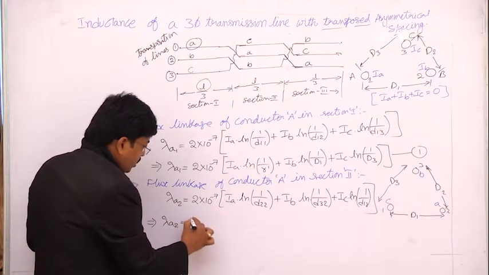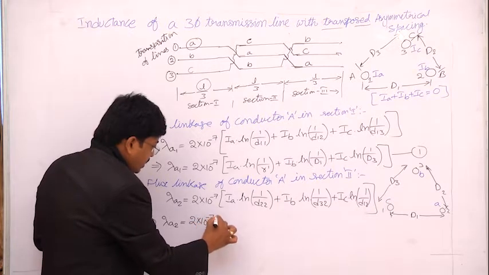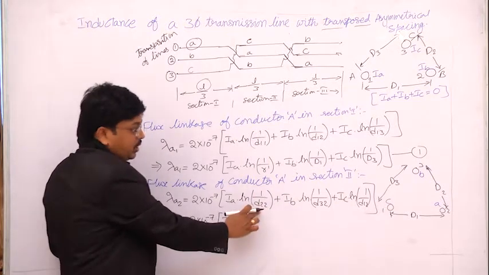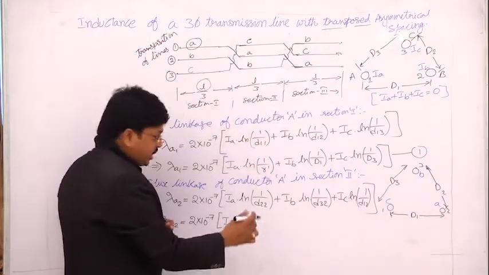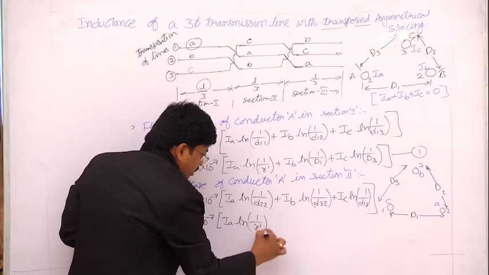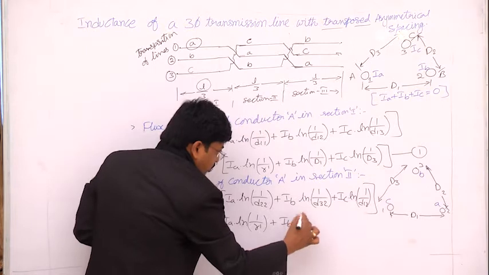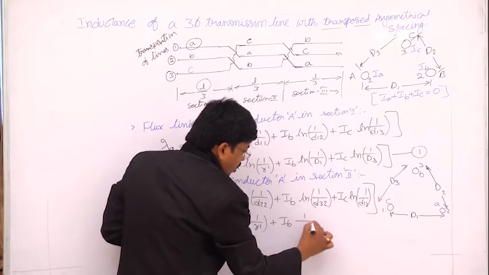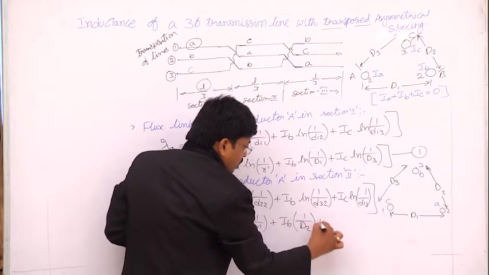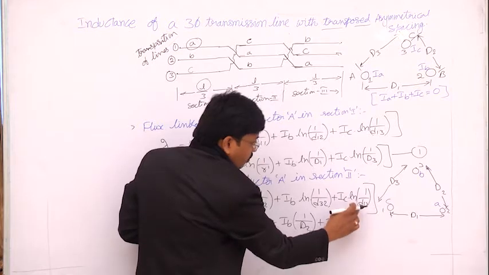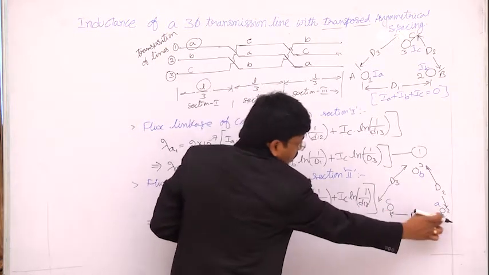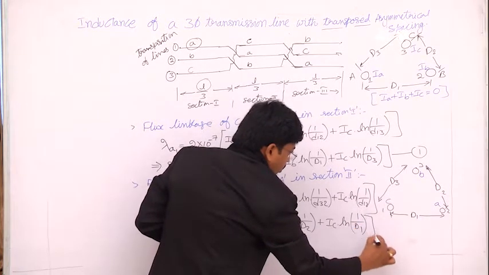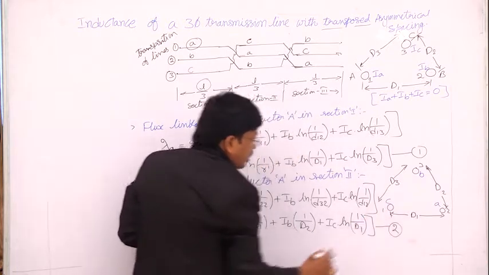Now I have to substitute the values. Lambda A2 equivalent to 2 into 10 power minus 7 into IA into logarithm of 1 by D22, which is nothing but its own conductor radius, that is 1 by R dash, plus IB into, what is the distance between position 3 and 2? Position 3 and 2 is D2, so 1 by D2, plus IC into logarithm of 1 by D1, the distance between conductor 1 and conductor 3 I am assuming as D1. Let it be taken as equation number 2.